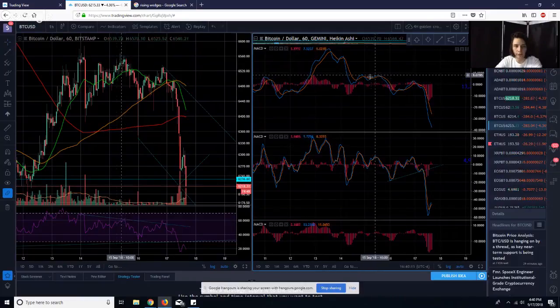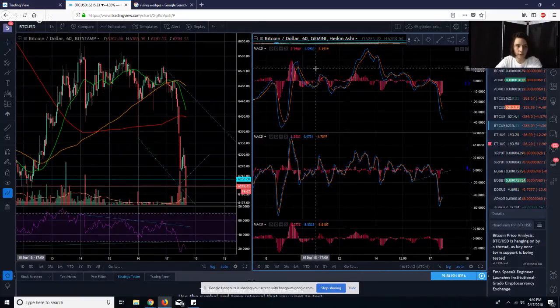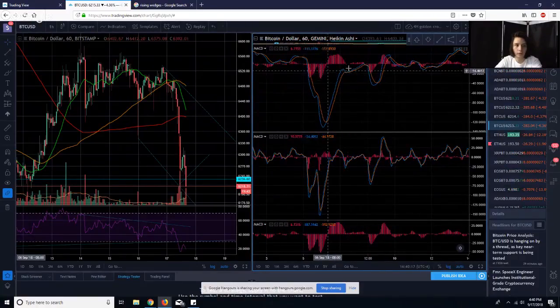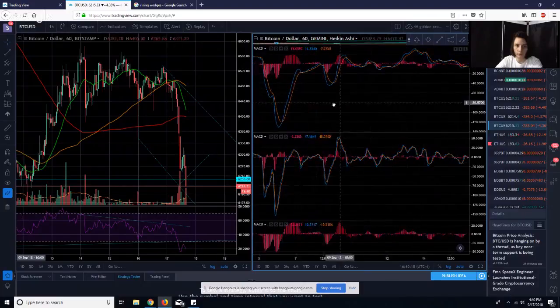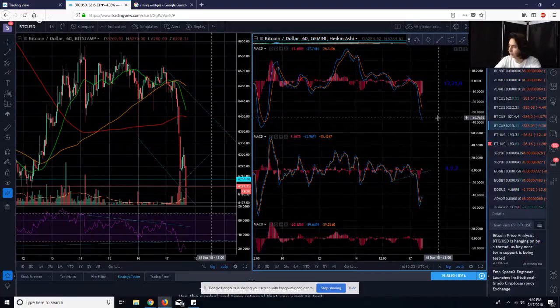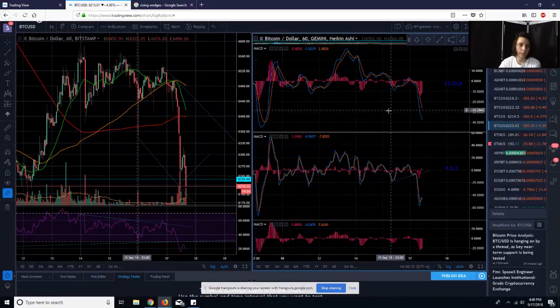The momentum wasn't here for this one, but generally speaking, a MACD cross above the zero line is usually a good buy signal. When it's below zero, you do get some sort of uptrend, but it's a lot weaker than a cross above zero.